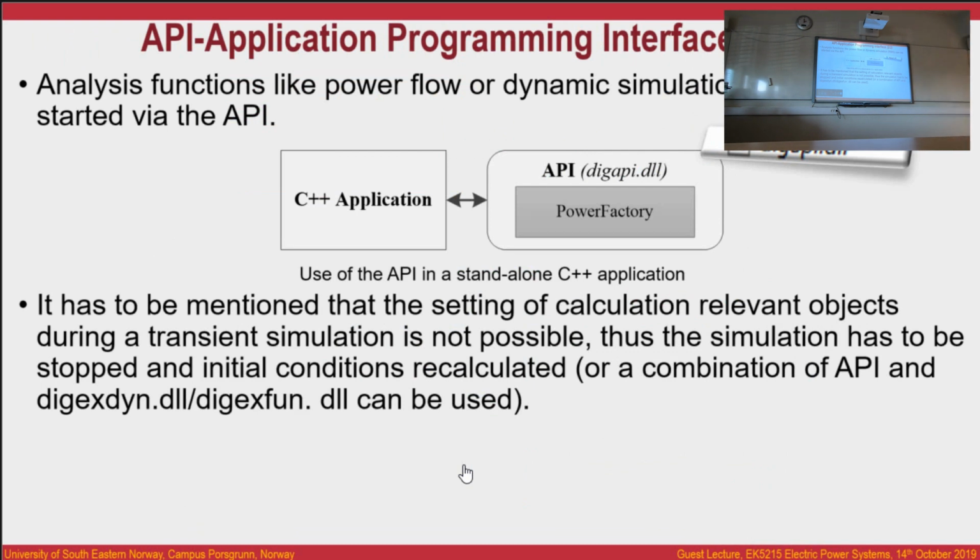PowerFactory has something that is called API. Are you familiar with API? An API is a piece of software that you can use to download data or to communicate with another software. For instance, are you familiar with Twitter? Yes, Twitter, a small thing. On Twitter, you can collect data.